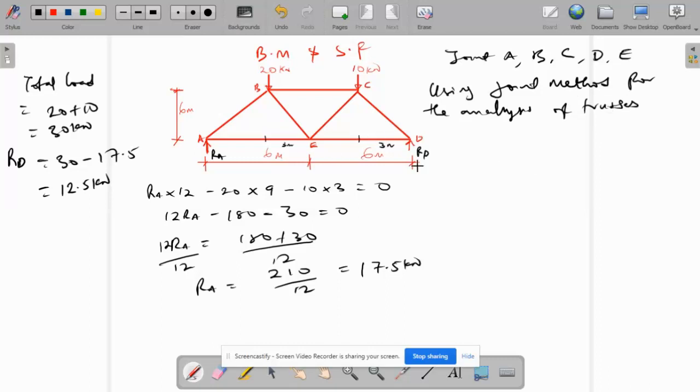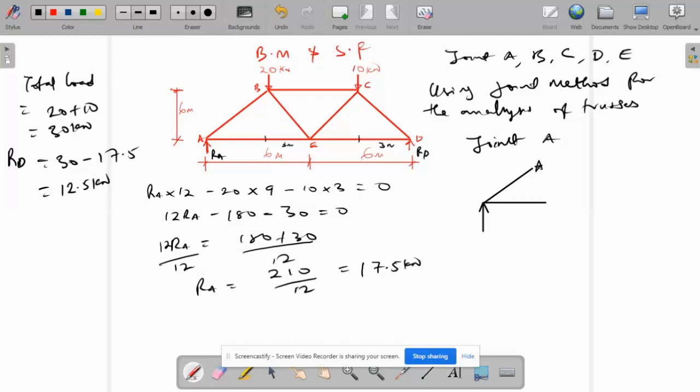So here we consider our joint A. We start with joint A. In joint A, we will have our reaction, and then we'll have this inclined member, which is AB, and we'll have AE.